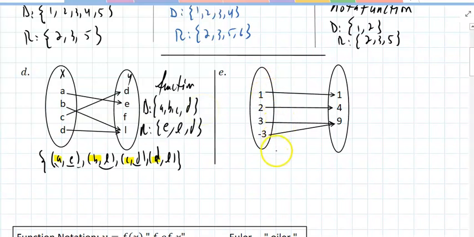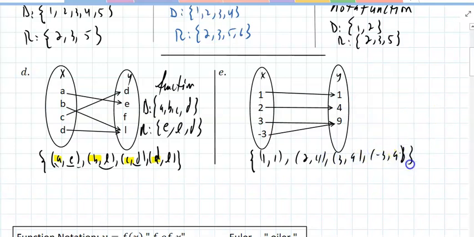If I look at E, I'll say 1 goes to 1. That's a coordinate pair, because, obviously here what you're doing, you're squaring. 2 squared, that goes to 4. 3, 9, and negative 3, 9. So here, if I look at this relation, 1, 2, 3, negative 3.